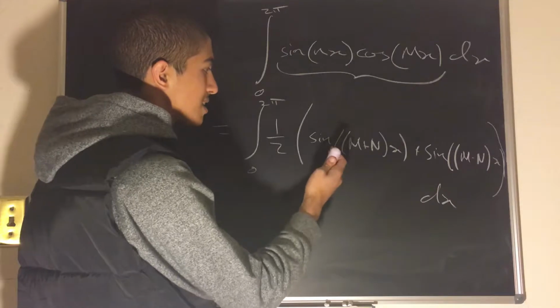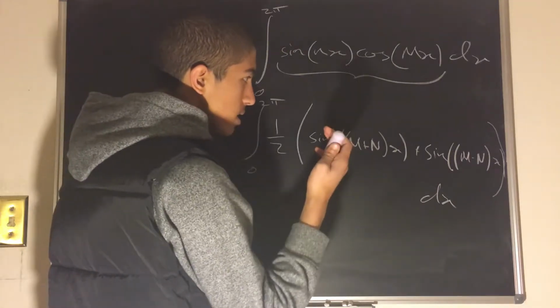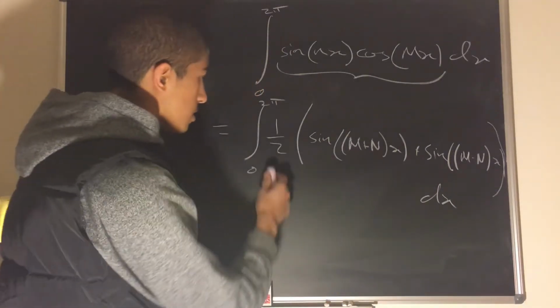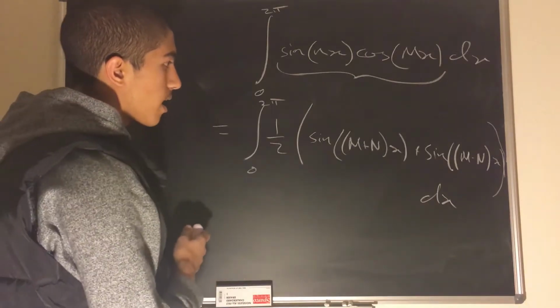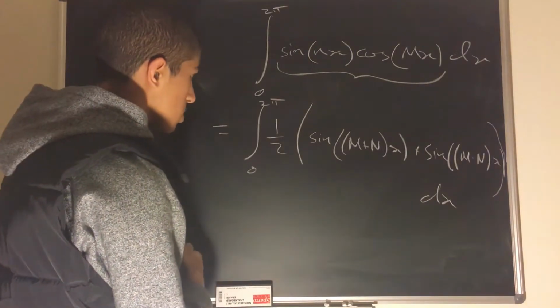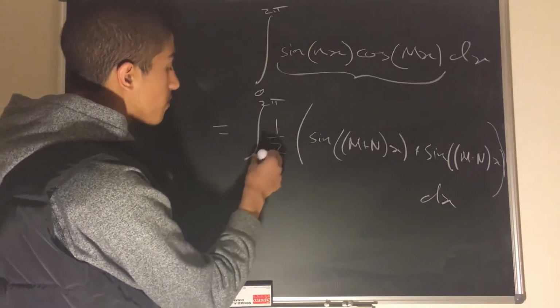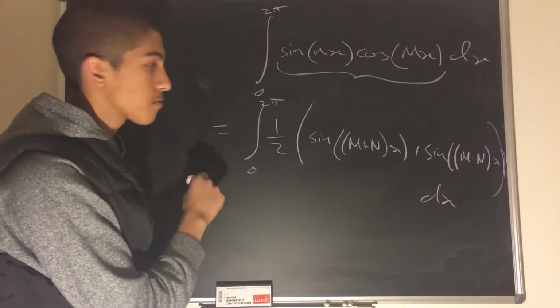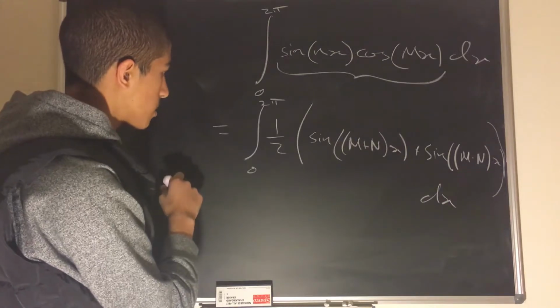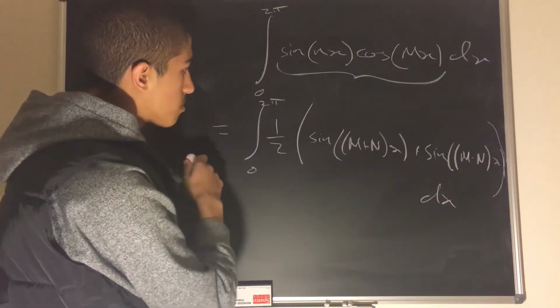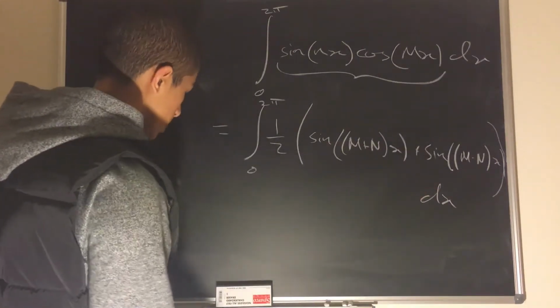half multiplied by (sin(A+B) + sin(A-B)), and the half includes everything within the brackets. So then we can rewrite this by first taking out the half from the integral by factoring it out, and then splitting this sum into two integrals.